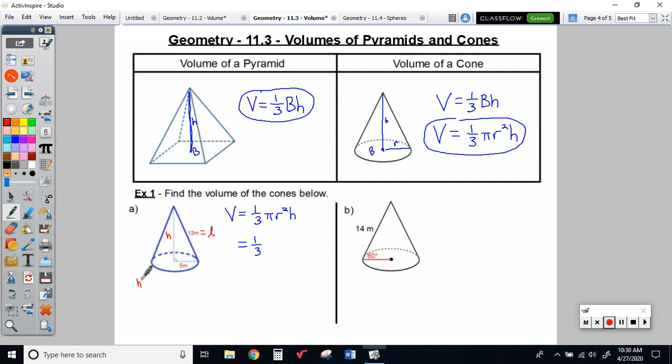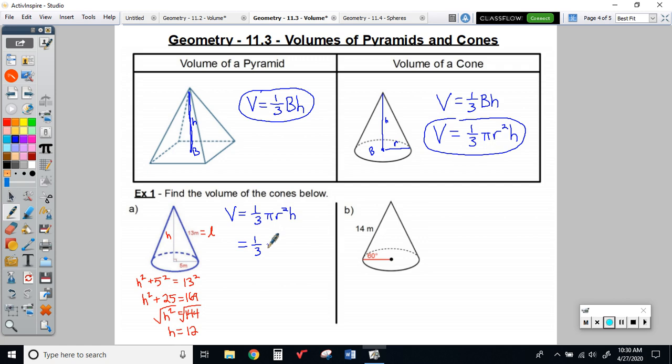I would say h squared plus 5 squared equals 13 squared, replacing L with 13. So I'd have h squared plus 25 equals 169. You could subtract 25 from both sides and get 144, then take the square root of both sides to get h equals 12. So the height is exactly 12.